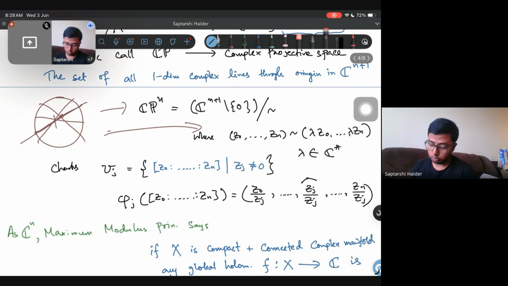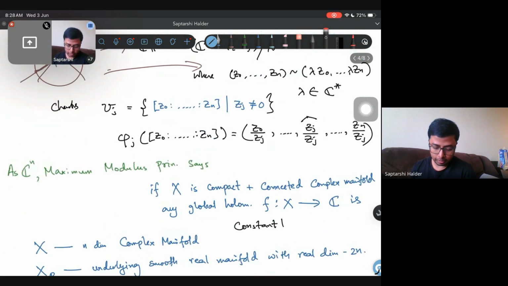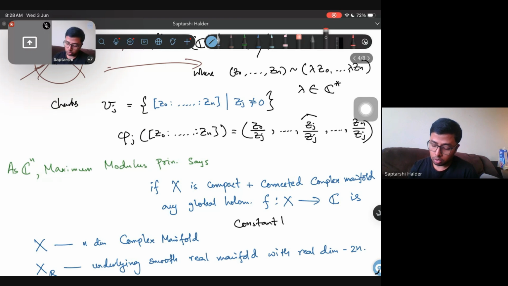Now we move on to something that we need to know. So we are in Cn, and we have the maximum modulus principle like in C. Now if X is a compact, connected complex manifold, compact and connected in the usual sense, nothing different.